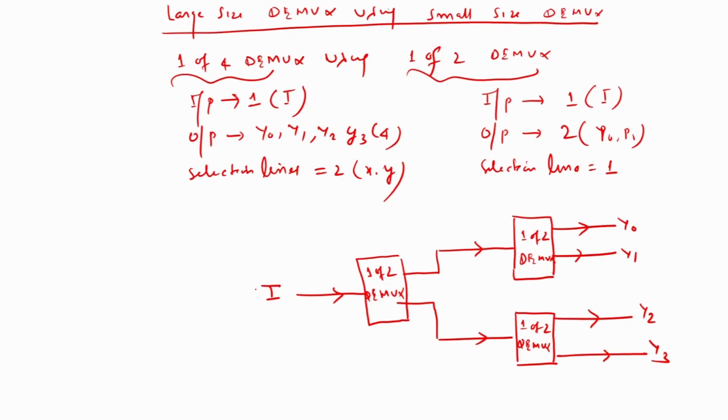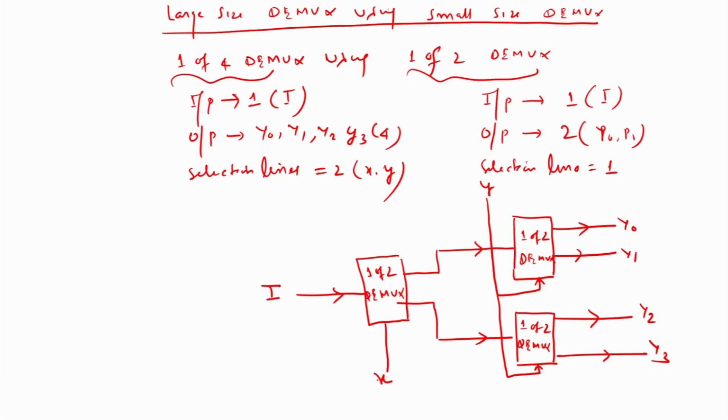Through this input line I is supplied here. Now what is the selection line? The selection lines in this stage are common. This is selection line y, and similarly only one selection line is there, x.